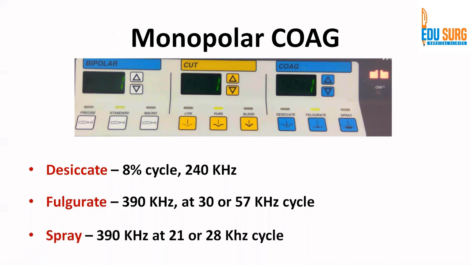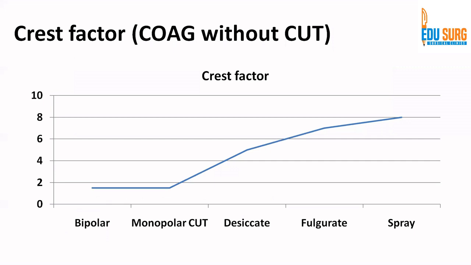Coming to spray mode, the cycle is active even for a smaller time, right? So the spray mode and fulgurate mode differ only from the cycle point of view. Both of them have the same frequency. And this is what helps us differentiate the coagulating power of different modes of cautery, right?